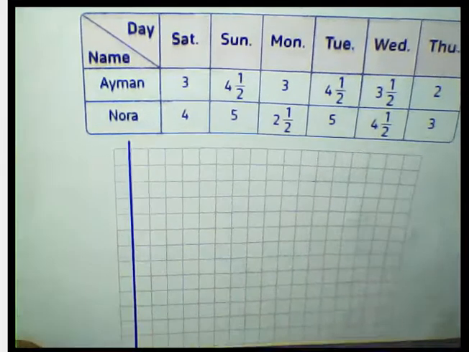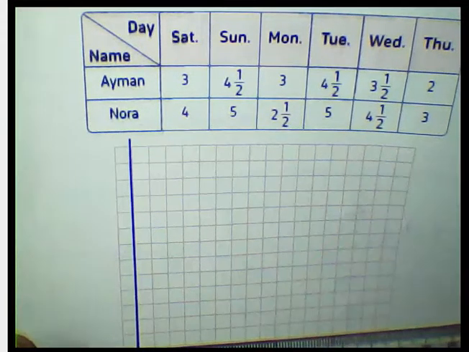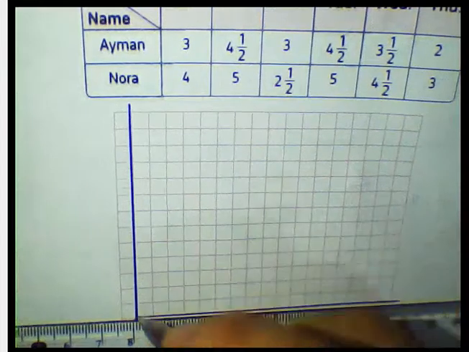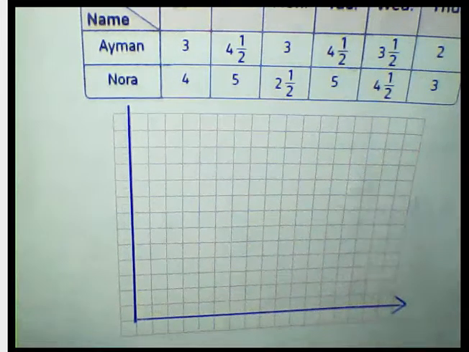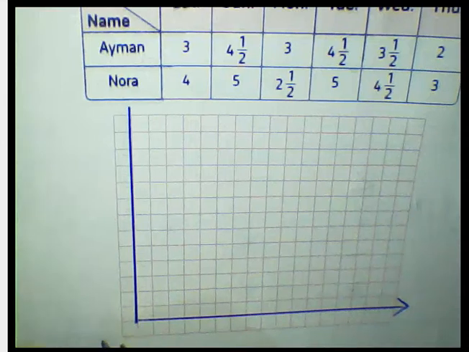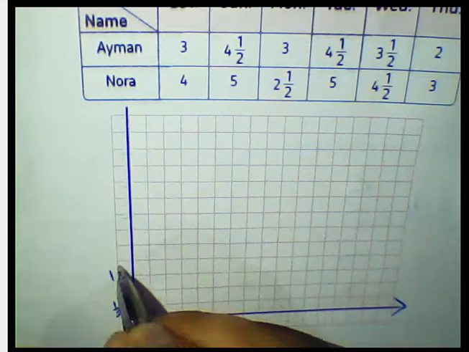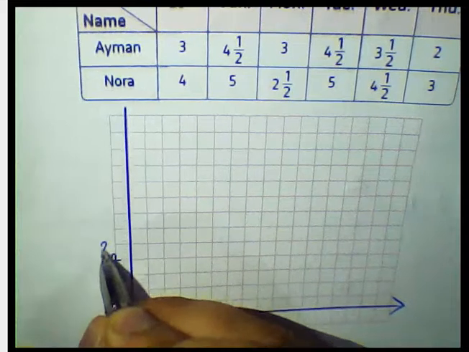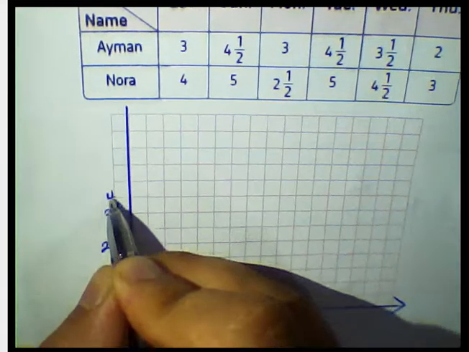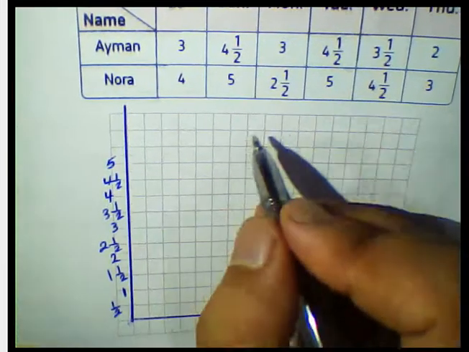Here we must use a ruler to draw. Look, the smallest here will be half. We can write half, 1, 1.5, 2, 2.5, 3, 3.5, 4, 4.5, 5.